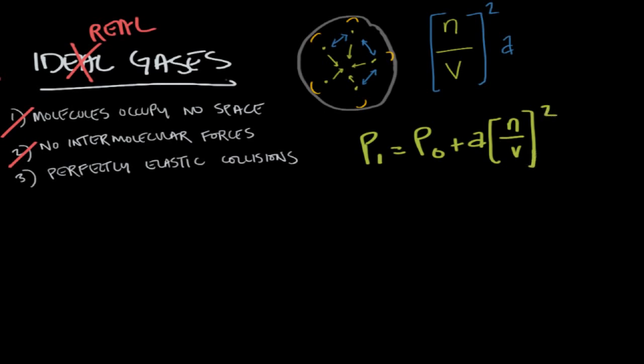It's important to note that these particle forces may attract each other and cause the system to implode, but they might also very well repel each other. If they repel each other, the value of A would be negative. So it can be positive or negative depending on whether the particles are attracted or repulsed.